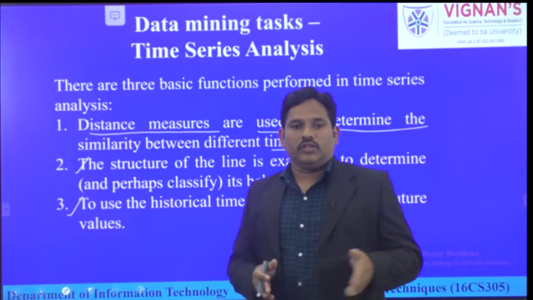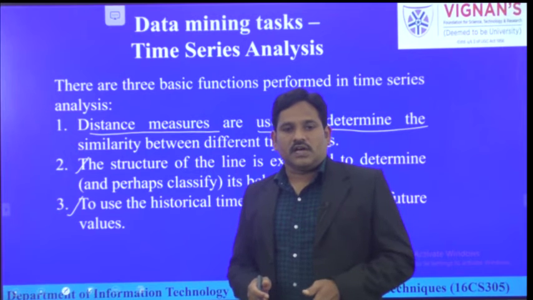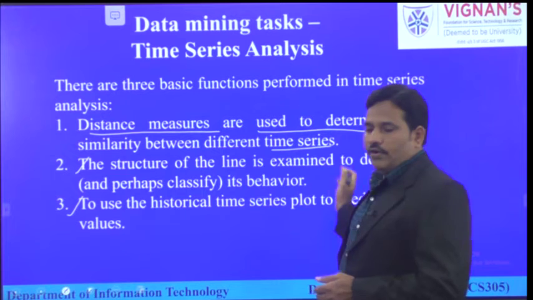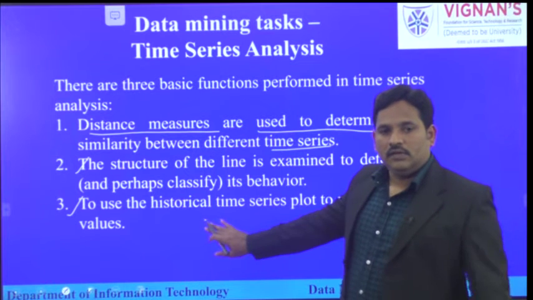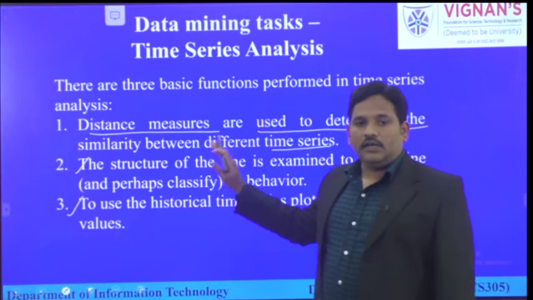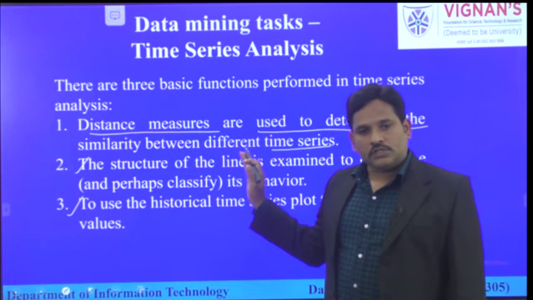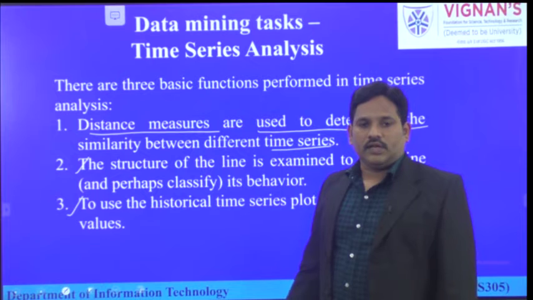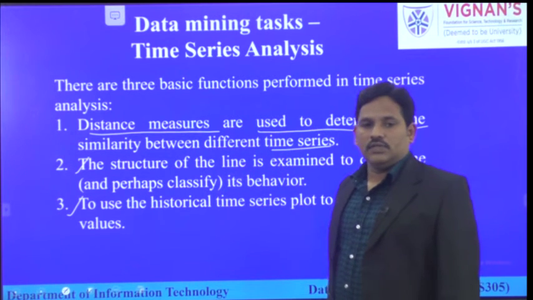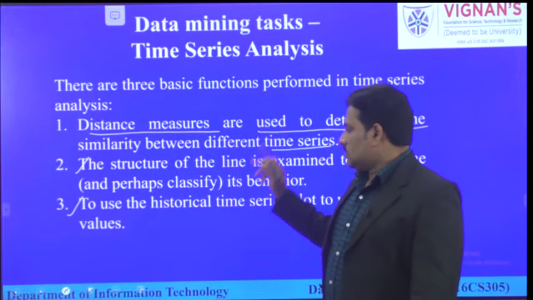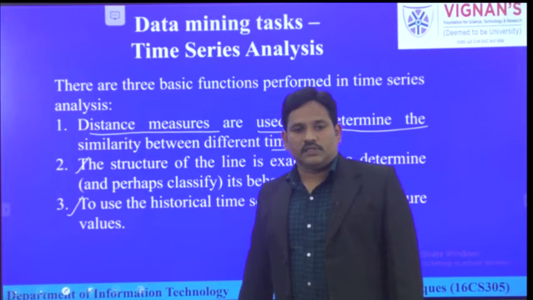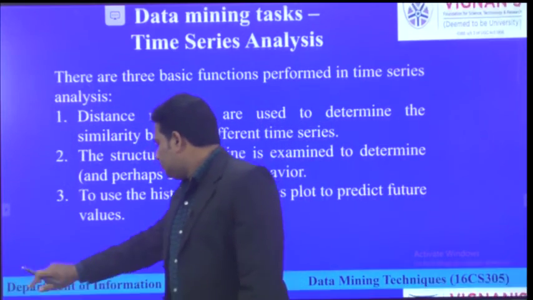Here we want to plot all the values in a time series analysis, or by using any plotting approaches, we want to make a conclusion about what is going to be the future value by taking the historical values as an input. So these are the three analytical operations or functions applied as a part of time series analysis. Finding the similarity by using the distance measure approach, the structure of the line is going to be analyzed, and taking the help of historical data to measure the future values.